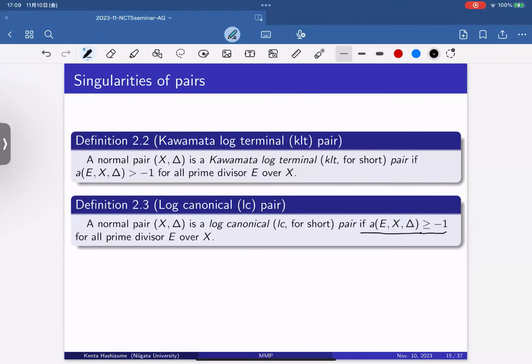So the category of LC pairs is larger than the category of KLT pairs.